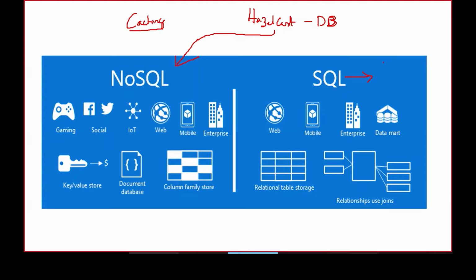In SQL, the information processing is always tabular in nature, and there exist relationships and joins. So obviously it needs to stick to the properties called atomicity, consistency, isolation, and durability.